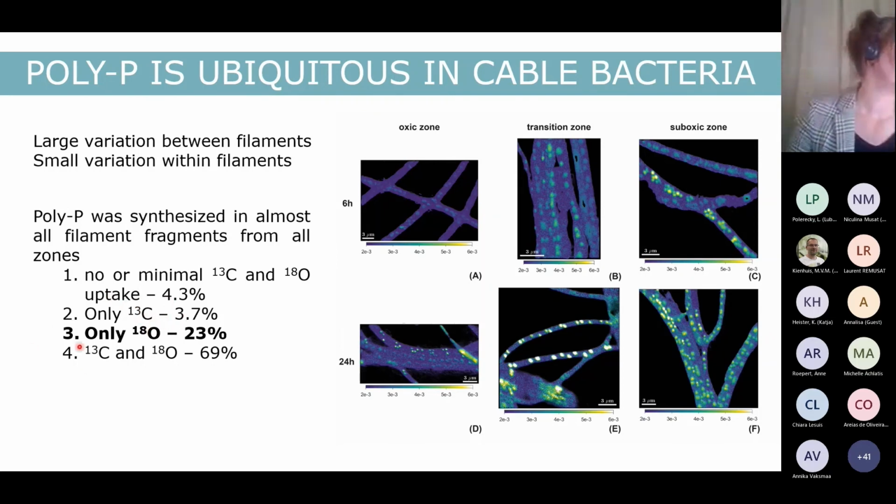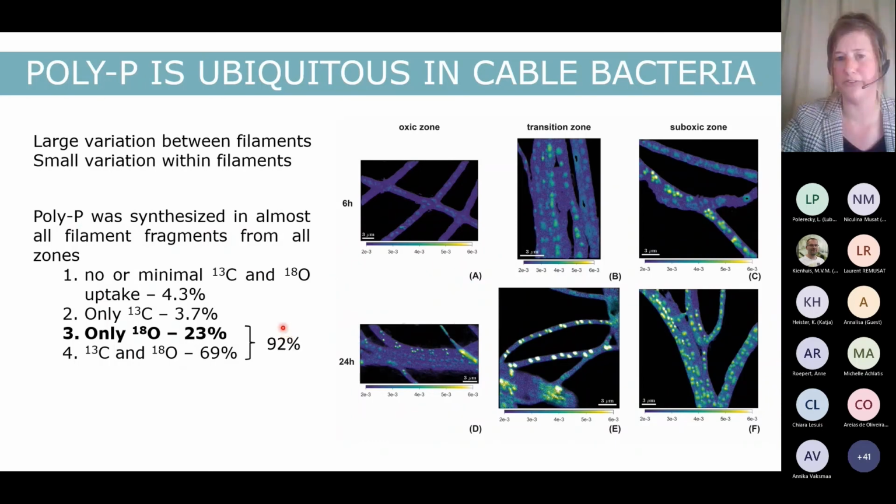And then there's a large fraction, about a quarter, that didn't grow, but these filaments did show polyphosphate synthesis. And about 70% of the filaments showed both growth and 18O labeling in the polyphosphate. These are all from filaments from the suboxic zone and the transition zone.